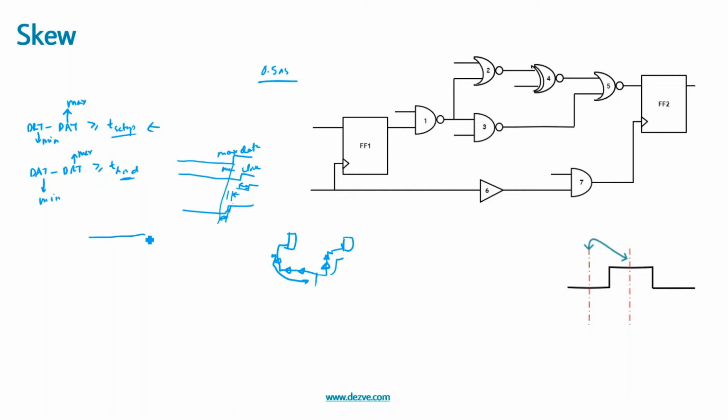We want the data to come as early as possible and the clock to come as late as possible. So this is max clock and this is min data. So we have tried to make the clock come as late as possible by adding more delays in the clock path, correct? And then we have checked that we still meet the hold requirement, correct?